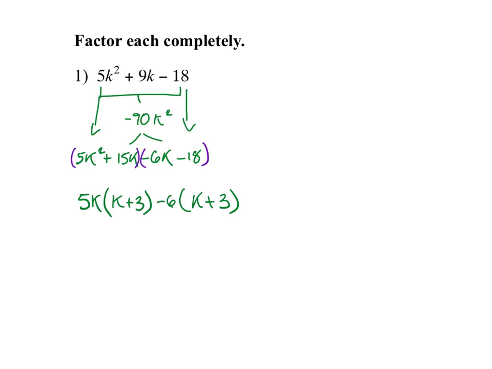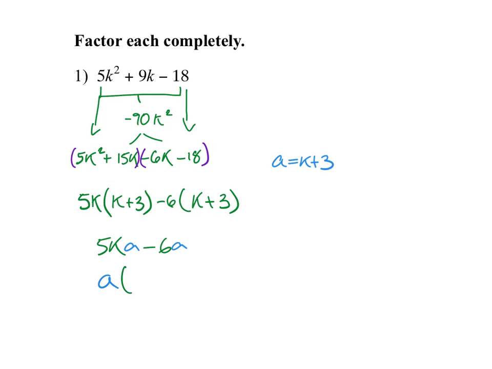Now I'm going to substitute any variable that you want. I'm going to use a for k plus 3, right? So now I'm going to have 5k a minus 6a. So what I'm doing is substituting a for k plus 3, right? Now, as you can see, my a is a common factor right here. So that means that I can factor out that a.